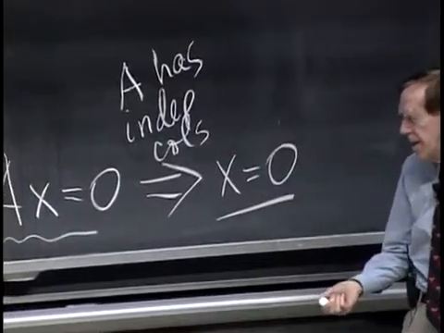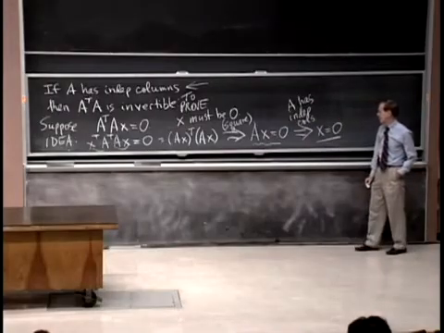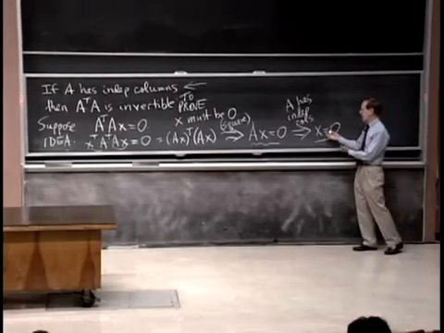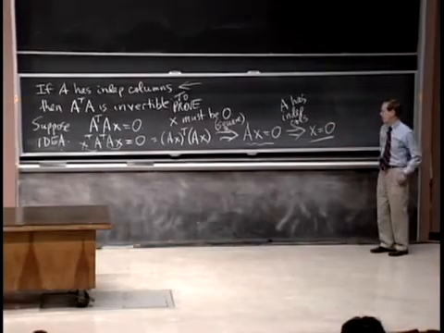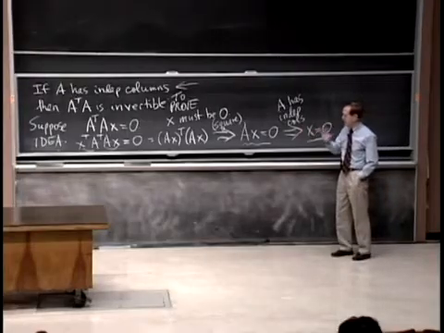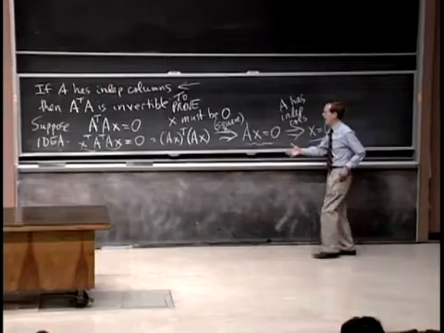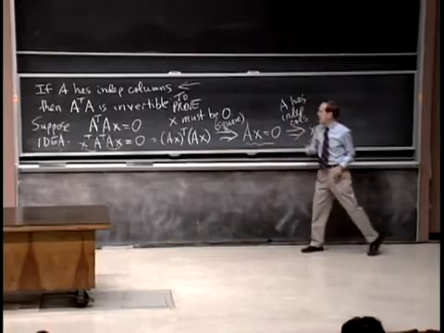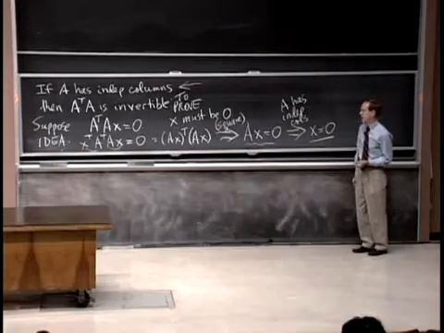If A has independent columns, this is telling me x is in its null space, and the only thing in the null space of such a matrix is the 0 vector. Okay. So that's the argument, and you see how it really used our understanding of the null space. Okay, that's great.